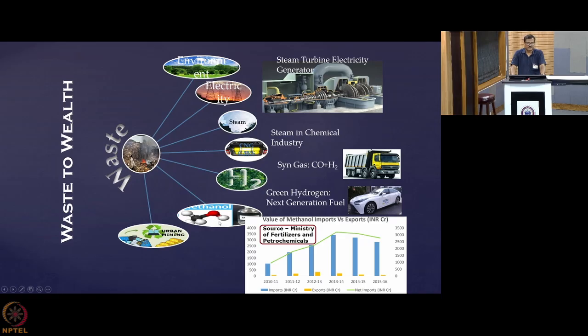And this methanol is a liquid which has very high import or export values. India is currently importing methanol. See, these are in crores, in different years, how much has been imported.